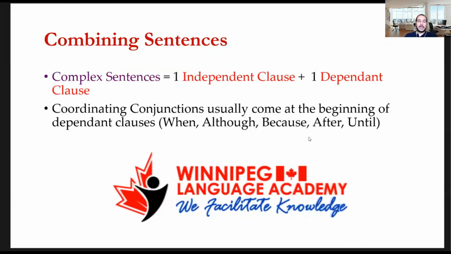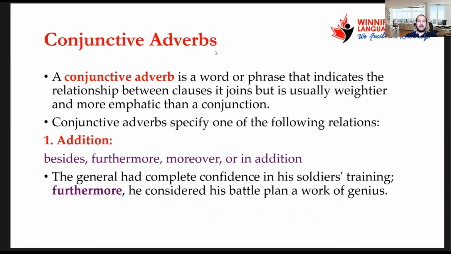So we will be looking at more types of conjunctive adverbs today, okay? And what is a conjunctive adverb? It's a word or a phrase that indicates the relationship between the clauses it joins, but it's usually weightier and more emphatic than a conjunction. So it's not only a conjunction, it adds a meaning.